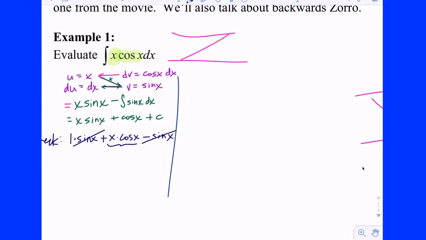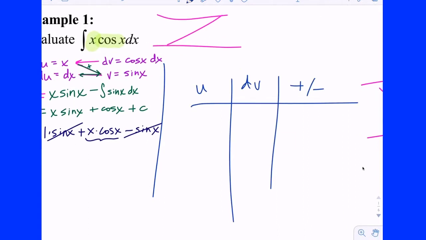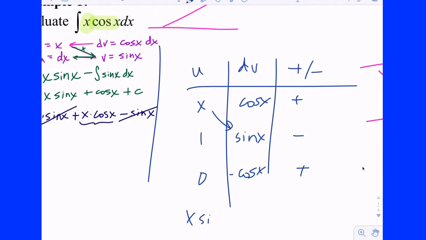Let's see. We got u, dv, plus or minus. You have x, that'll be 1, that'll be 0. This is cosine x, that's a positive. This will be sine of x, that's a negative. This will be negative cosine of x, that's a positive. If you go down the diagonal, you get x sine of x.